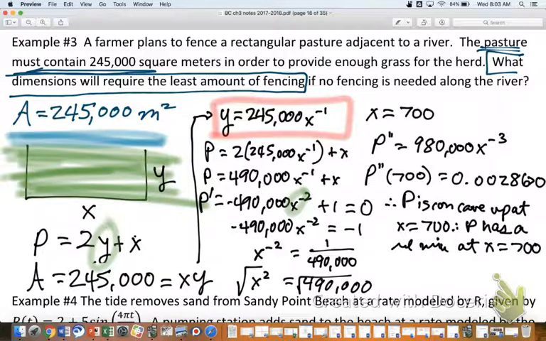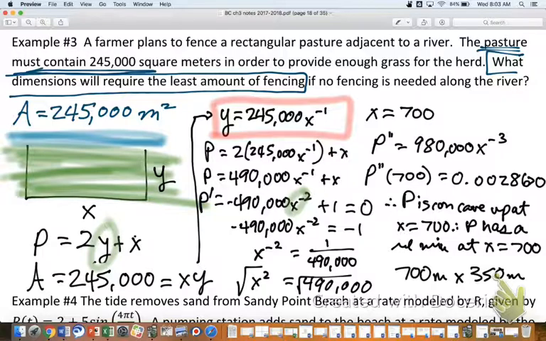Sounds like it'll come out nice. What is it? 350. Okay, yeah. So your dimensions would be 700 meters by 350 meters. That will provide the area that we want, but with a minimum amount of fencing. It's really a handy thing to know for minimizing your cost for the fencing.